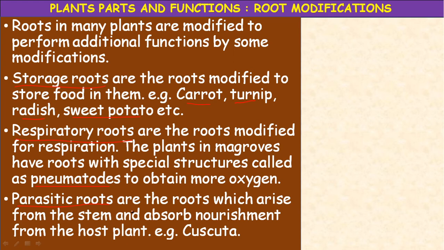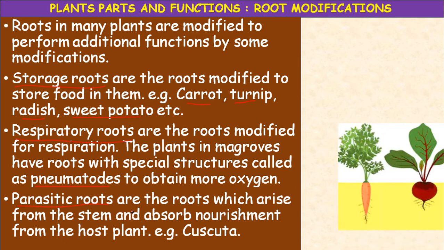They possess special roots called parasitic roots. Example: cuscuta. Cuscuta is a kind of plant which grows on a host plant like the neem tree. They produce parasitic roots called haustoria. These roots penetrate into the stem of the host plant and absorb the nutrients.